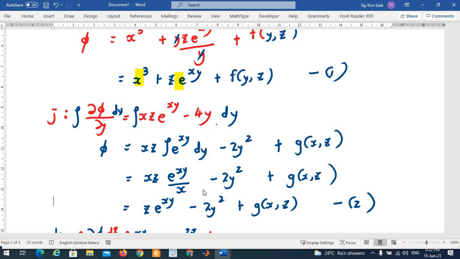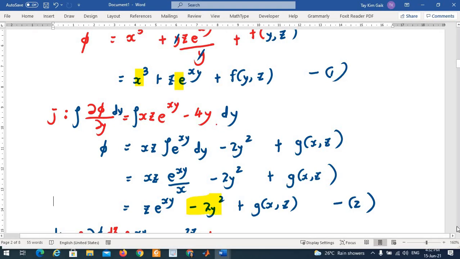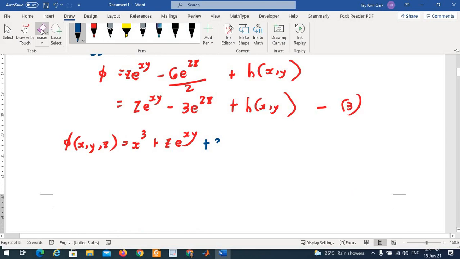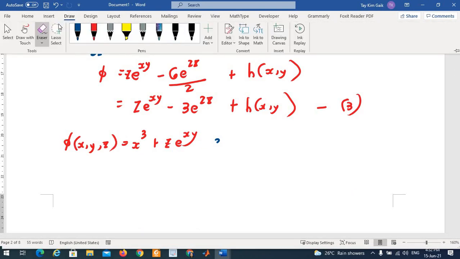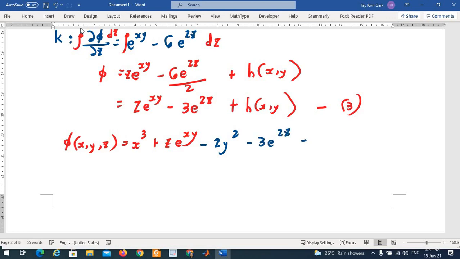This is a new term, so you add negative 2y squared. Then you move to equation 3. This term has already been taken, so don't take it again. This is a new term, then you add k. This is the easiest way to get phi.